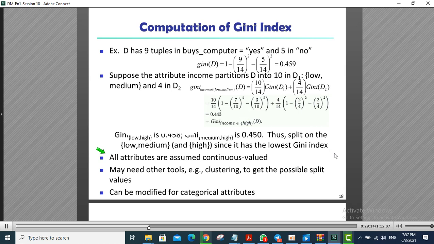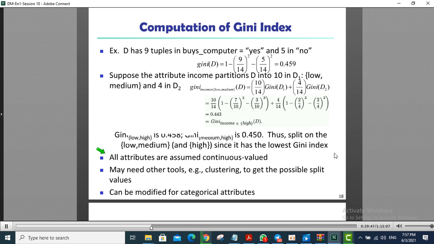Here, again, I can talk about continuous valued attributes. If I use CART, it cannot work with continuous values.